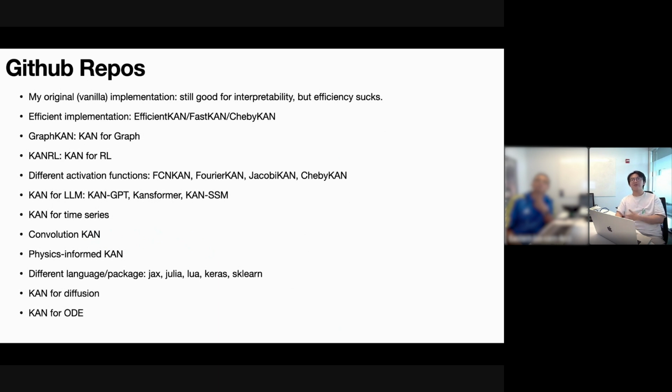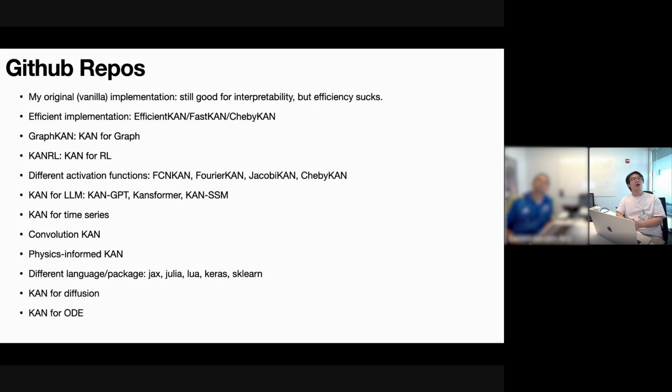So it has been a month, and a lot of enthusiasm has been created around the topic of KANs. People have applied KANs to various domains, including graphs, reinforcement learning, partial differential equations, and diffusion models, and have translated KANs into different languages.